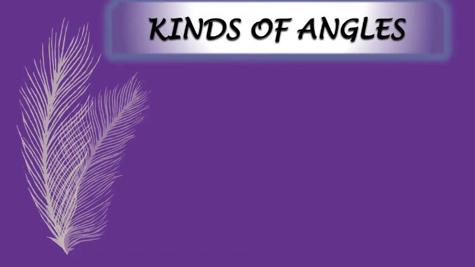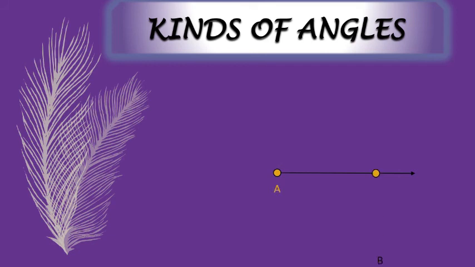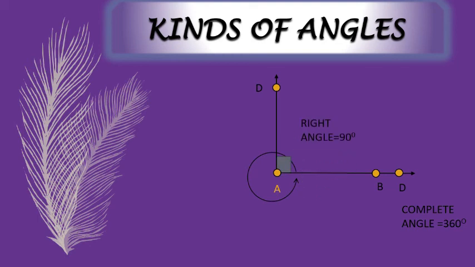And in the last slide we have a summary of all the classification of an angle, or you can say kinds of an angle. This is a ray AB, and if this ray takes a complete turn from AB and comes back to AB at D, this should be equal to 360 degree, means it is a complete angle. From the same initial point I have drawn this ray AD, which should be equal to 90 degree, so this is a right angle. And if I draw from the same initial point ray AC, this angle is a straight angle, means BAC is a straight angle.